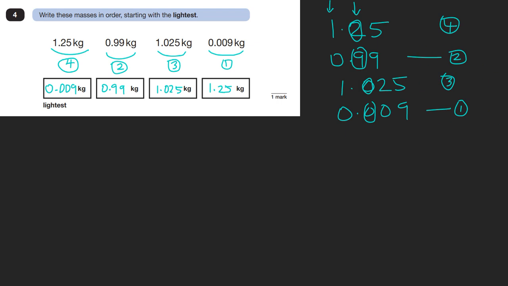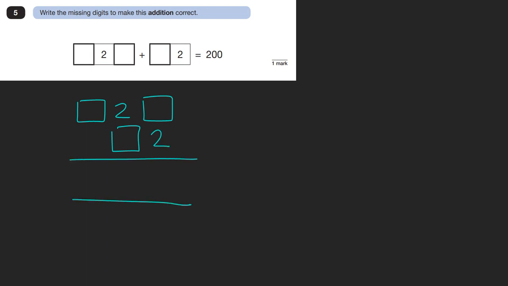Now we are moving on to question number 5. We already did question number 4. Write the missing digits to make this addition correct. You need to start somewhere, right? So with some digit here, 2, and a box, a box, and you can convert the question into this format.